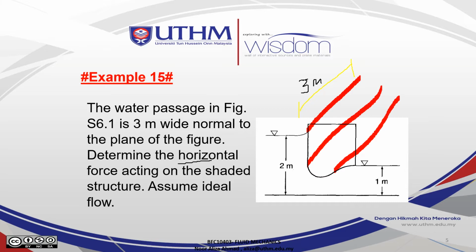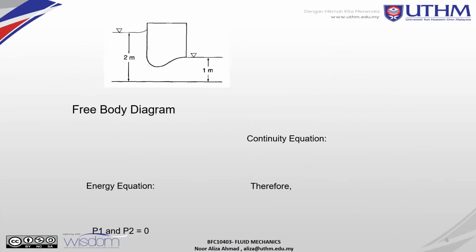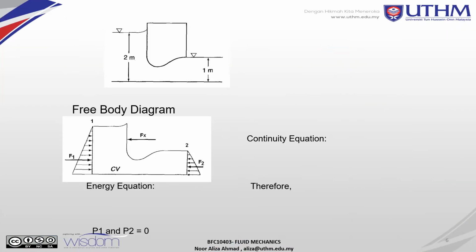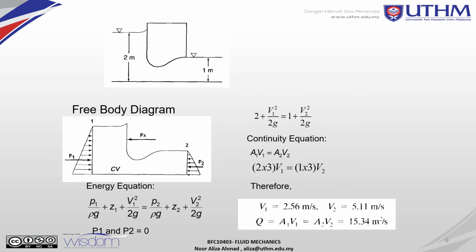Determine the horizontal force acting on the shaded structure. This is the shaded structure. Assume ideal flow. So we look at the free body diagram using the continuity equation.